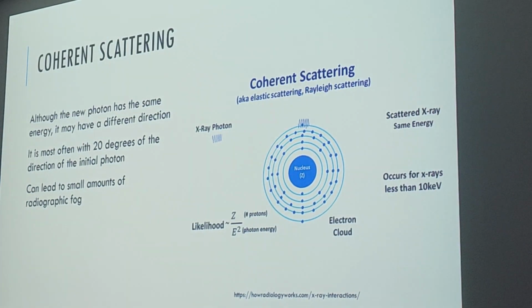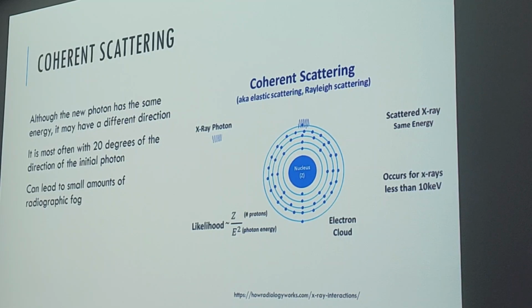So, if there's a question that asks, is this an attenuated photon or an exit photon? It's not exiting at all, because the energy's so low that it's being absorbed. But it still causes fog on the image, even though it's being absorbed?